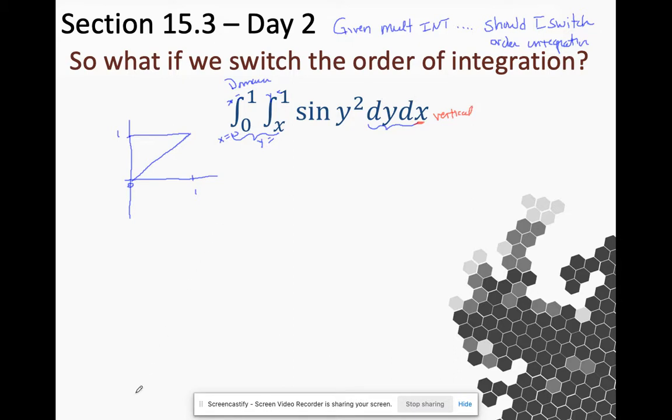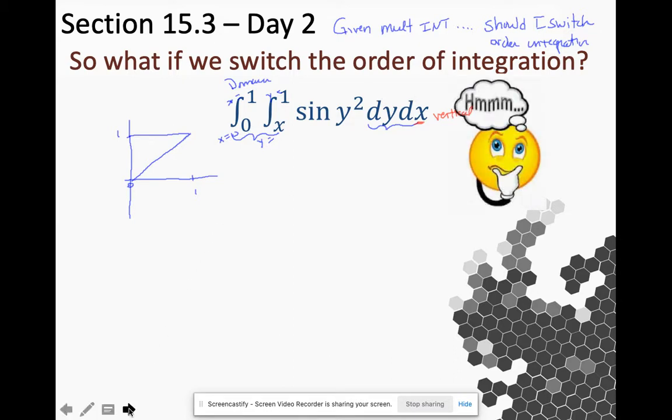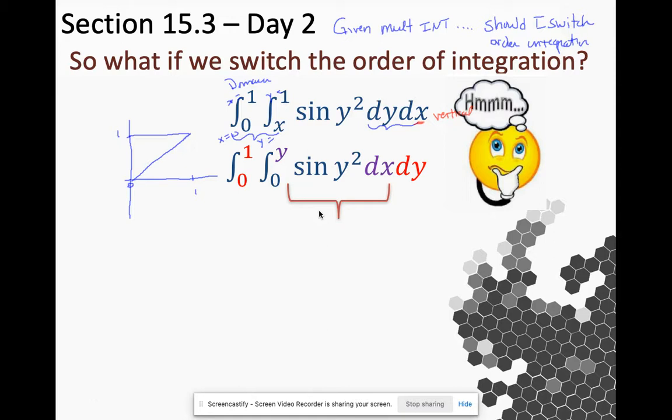What if I don't want to draw a vertical strip? Look at what I did there. I'm going to integrate sine y squared, but with respect to x, which means what's the y stuff? Boo! It's a constant. All of a sudden, this is a constant, right? As soon as I change this to dx, this value for the first integration becomes a constant.